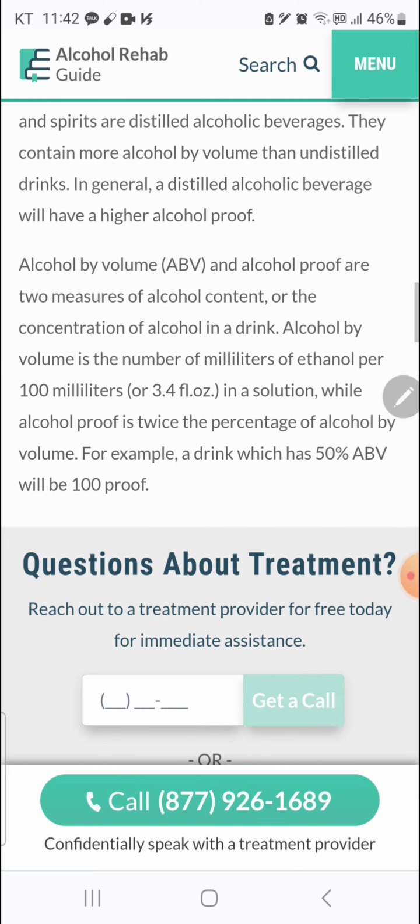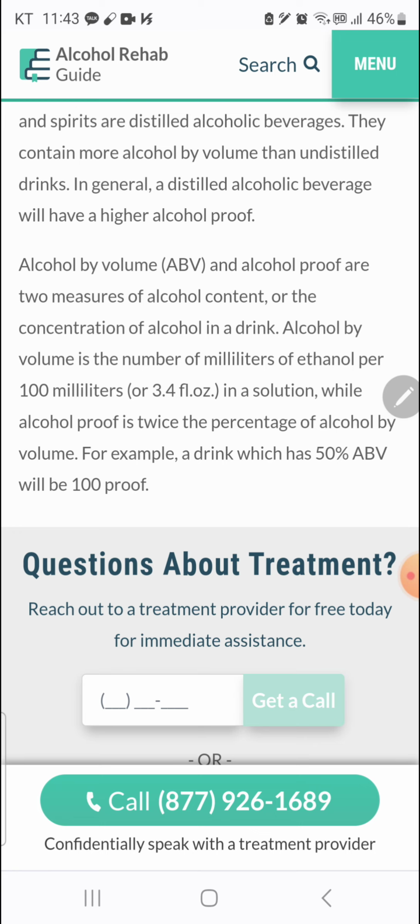Alcohol by volume, ABV, and alcohol proof are two measures of alcohol content or the concentration of alcohol in a drink.